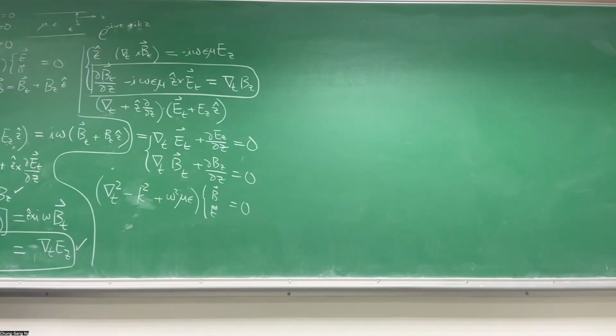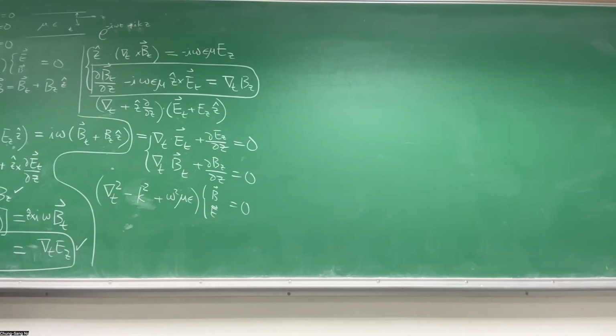So you want to derive the equation involving E sub t. We want to get rid of B sub t, and one way to do that, because the second equation for B sub t involves the derivative of z, you can take another derivative of that.